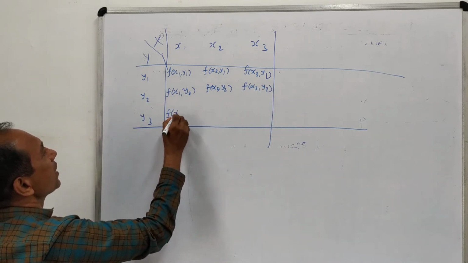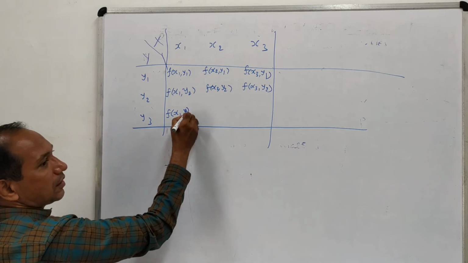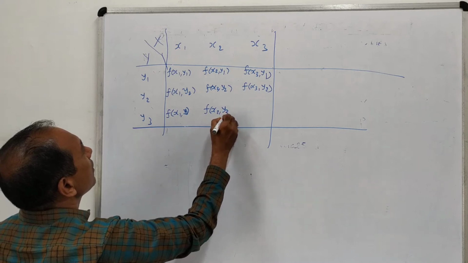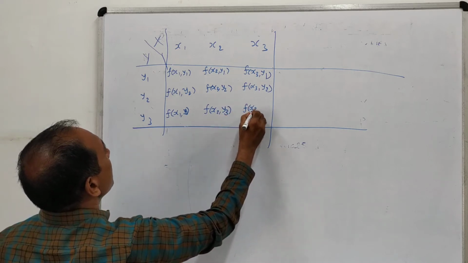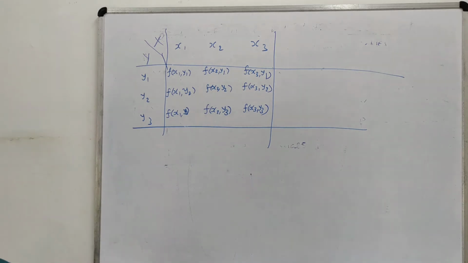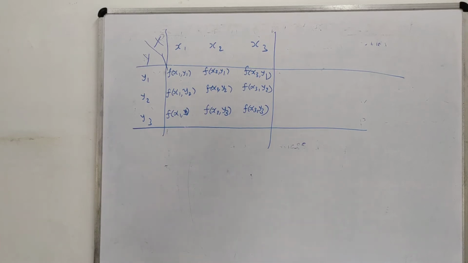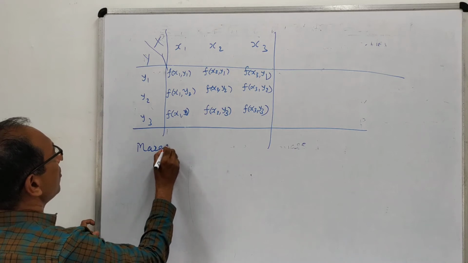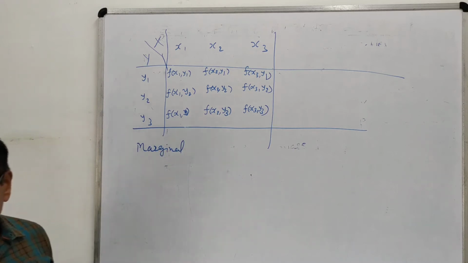Here f(x1, y3), f(x2, y3), f(x3, y3). Okay, so all the probabilities corresponding to two different variables capital X and capital Y, we can tabulate into this form. Now we want to discuss marginal probability function.